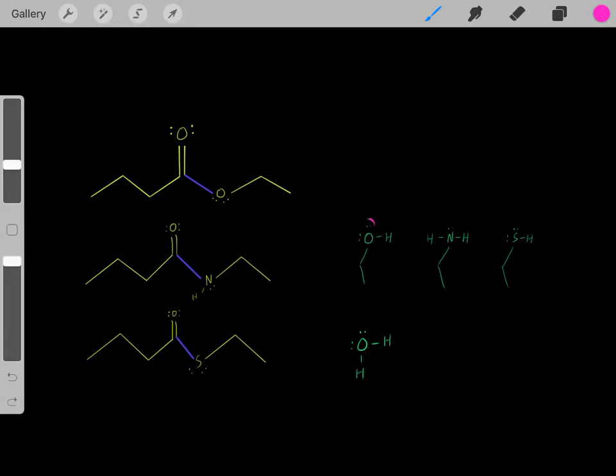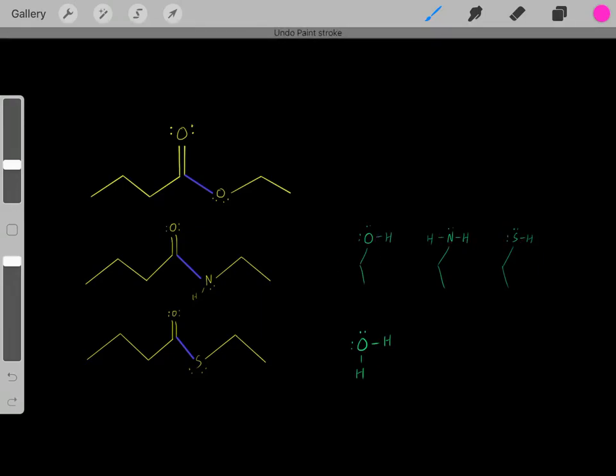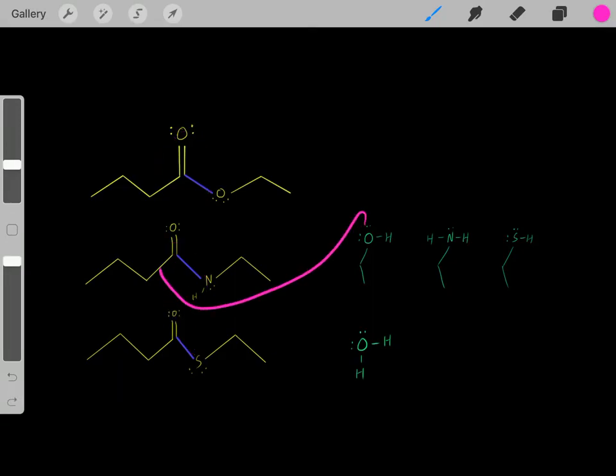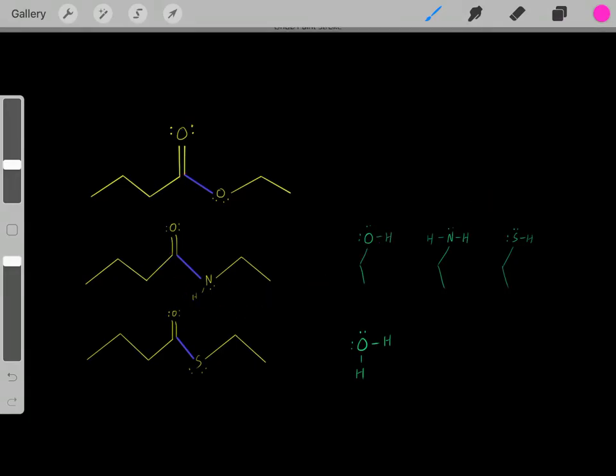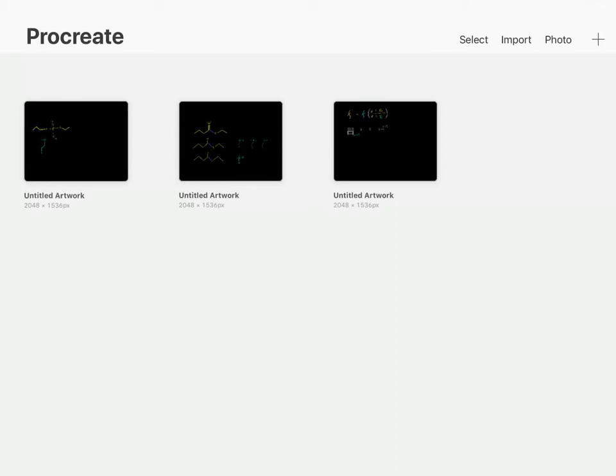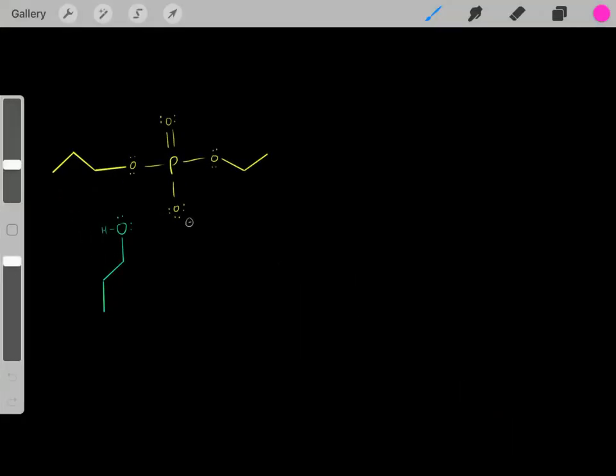And instead of this organic alcohol, we could have also simply had a water molecule. We have these different nucleophiles and these different bonds, and we can have lots of different combinations. This can break this bond, or maybe this guy could break this bond, or this guy could break this bond, etc. So that's one common type of mechanism you'll see in biochemistry.